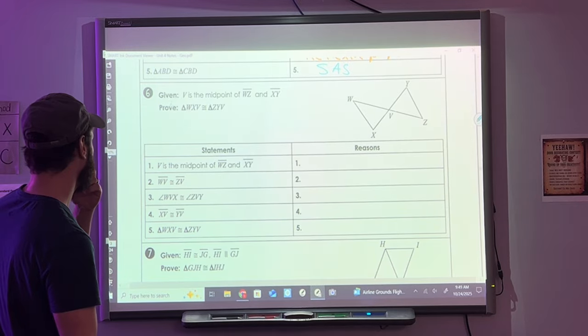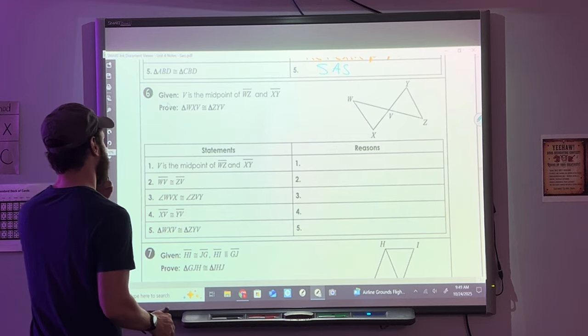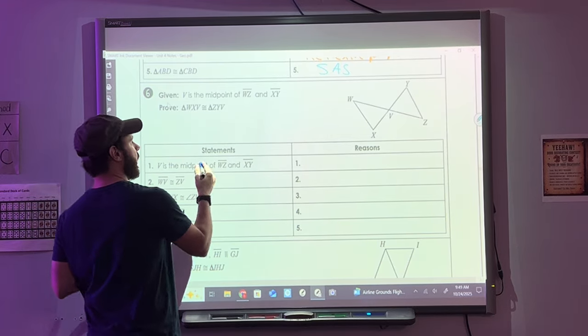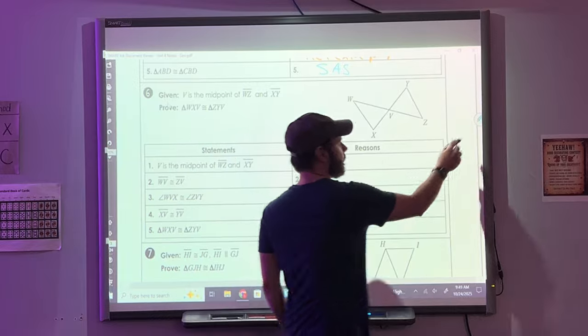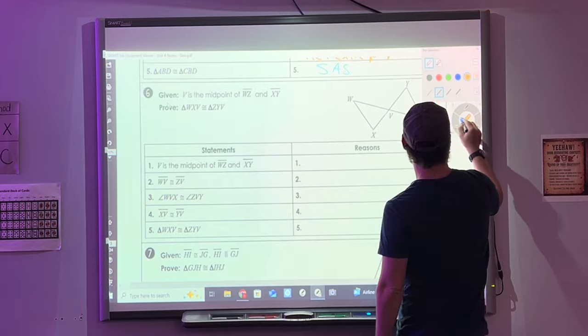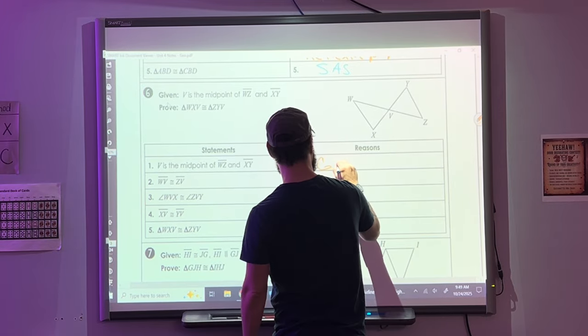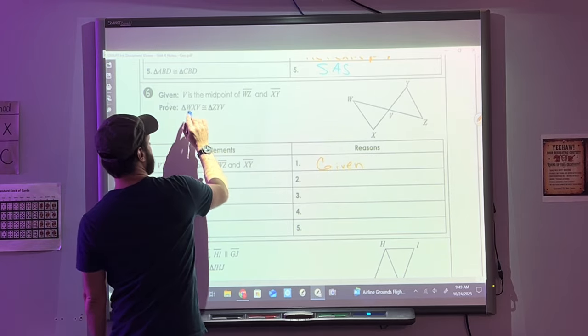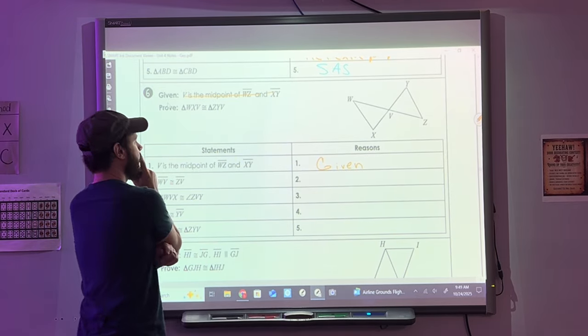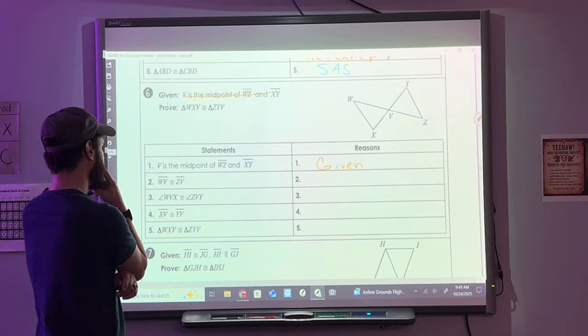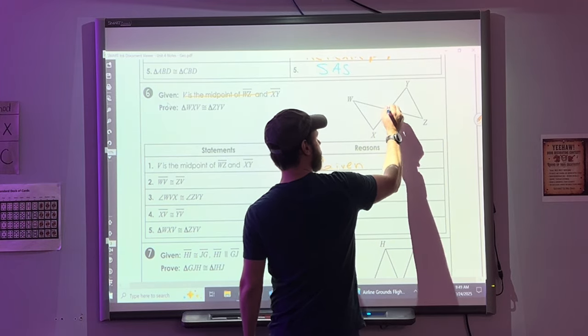V is the midpoint. Okay, so I'm probably going to do some definition of midpoint stuff here. Just putting it out there. V is the midpoint. That is a given statement though. And then my label, okay. V is in the middle.